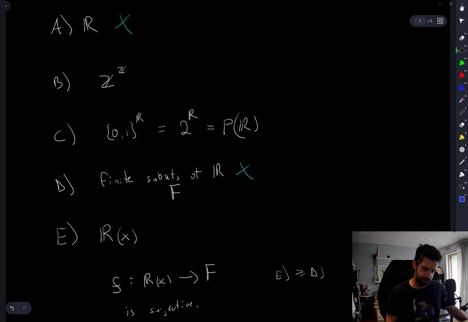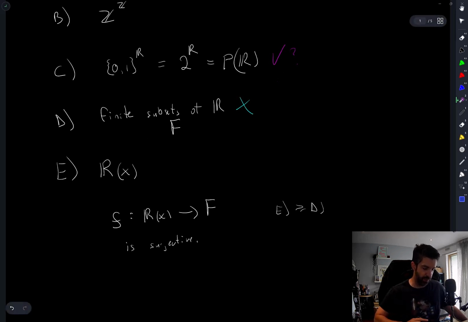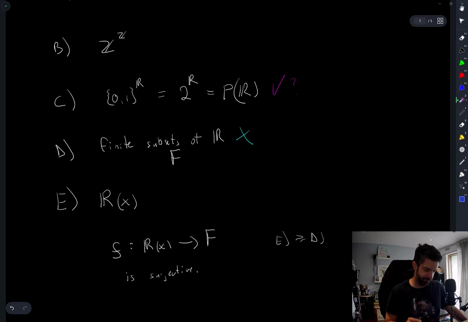I'm pretty sure the answer is C. Put it with a question mark there, simply because it's the only one with this R up in the exponent. If I do the exact same thing, replacing this with the power set of R, taking all the coefficients and making a subset, this is definitely not surjective.